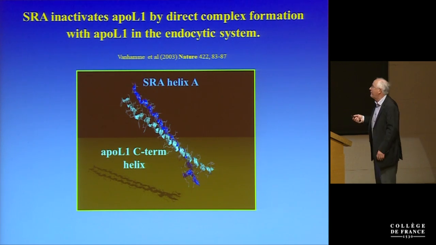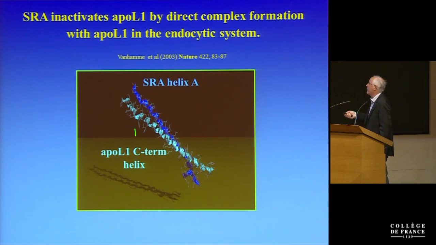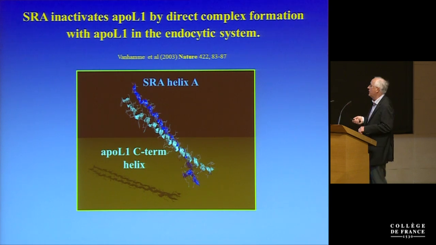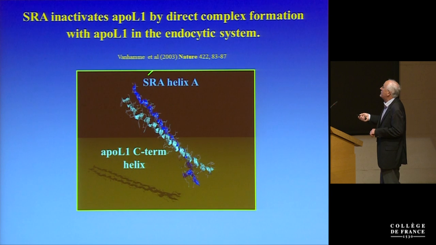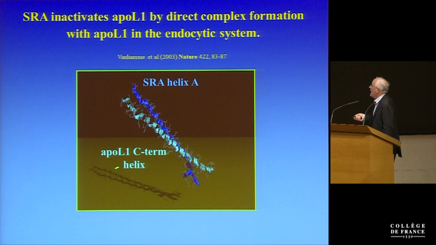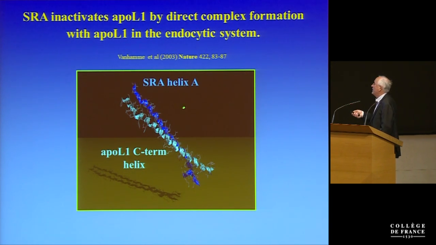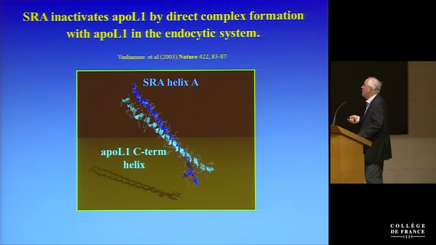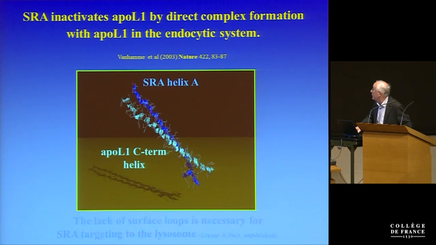It's through affinity chromatography using SRA that we caught ApoL1 from the blood, and we realized that SRA strongly binds to ApoL1, more particularly through the helix A of SRA, the N-terminal helix that I showed you at the beginning of my talk. There is a similar helix in the C-terminus of ApoL1, and this is a strong coiled-coil interaction between these two helices that allows SRA to inhibit the toxic activity of ApoL1.